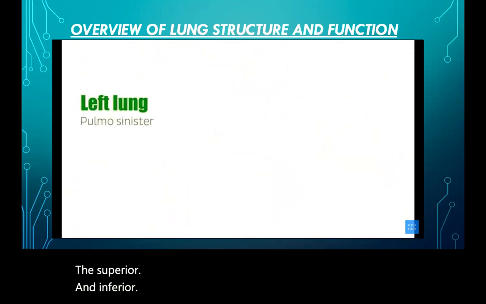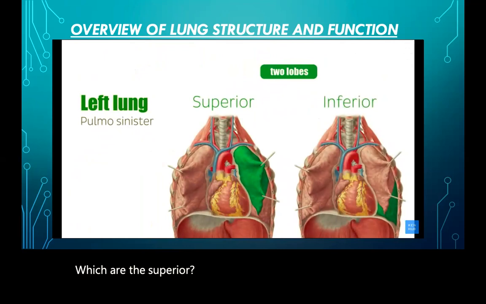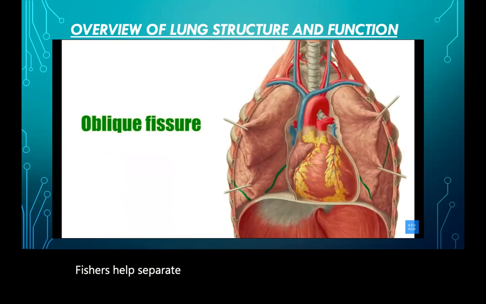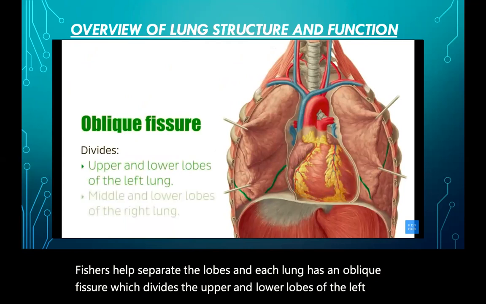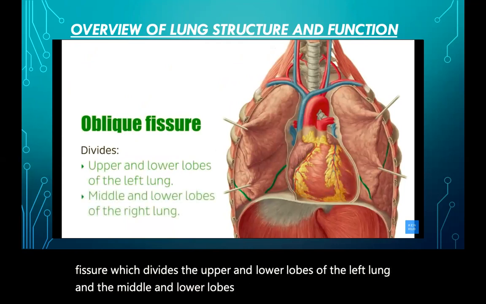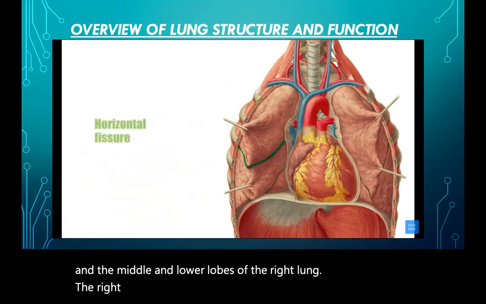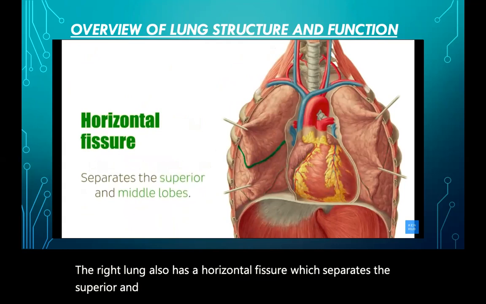The left lung only has 2 lobes, which are the superior and inferior. Fissures help separate the lobes, and each lung has an oblique fissure, which divides the upper and lower lobes of the left lung and the middle and lower lobes of the right lung. The right lung also has a horizontal fissure, which separates the superior and middle lobes.